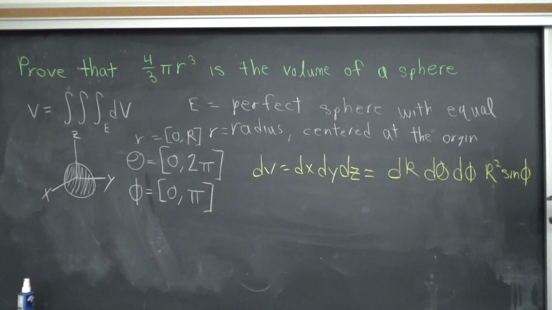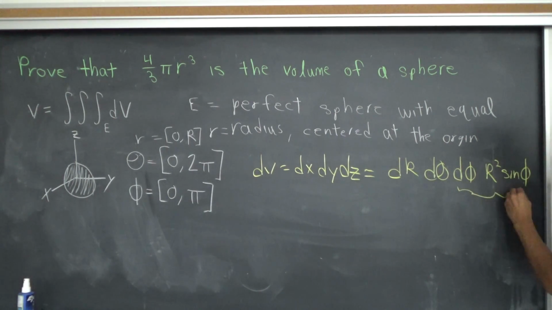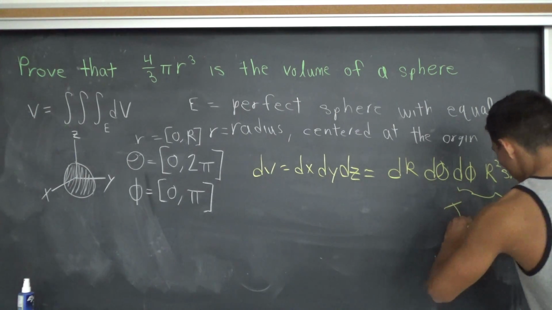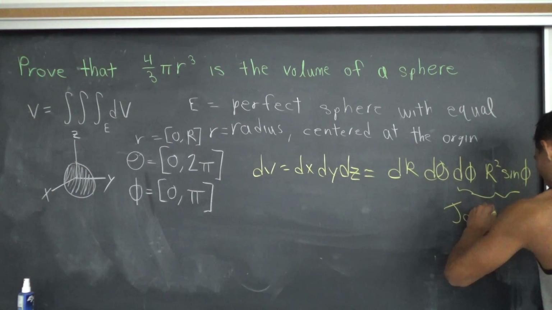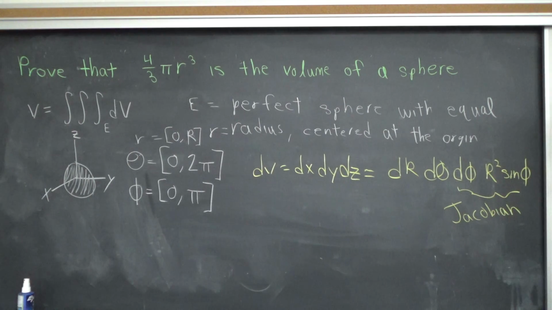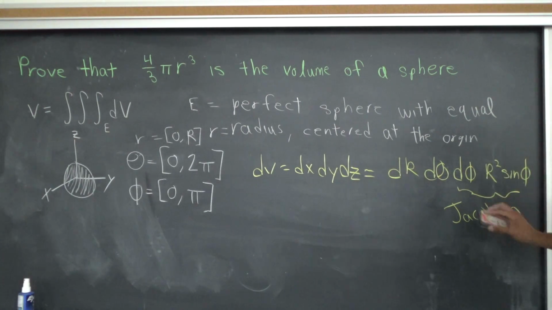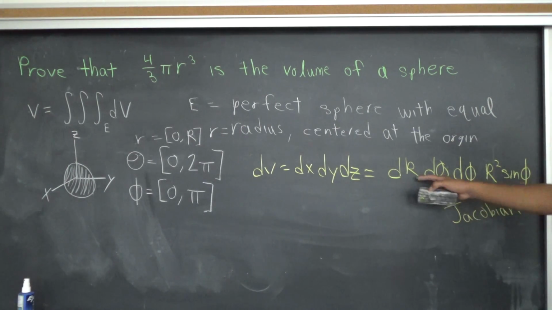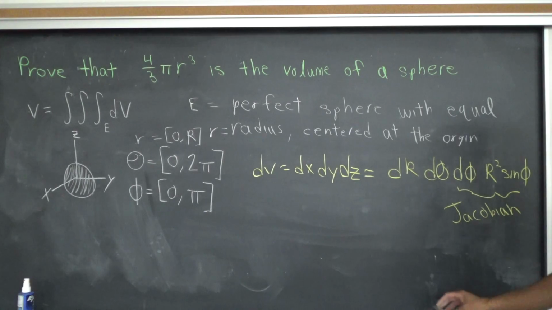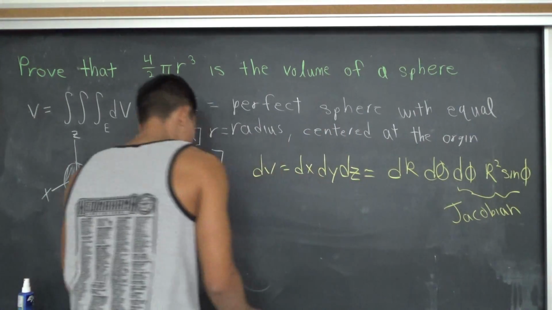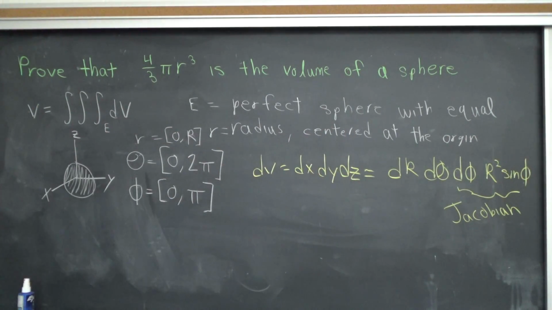This is the spherical Jacobian. I hope everybody understands that part right here. The order of the differentials is a little skewed, but it's completely fine to write it like that. You'll see in a second how this is going to help us get our answer.